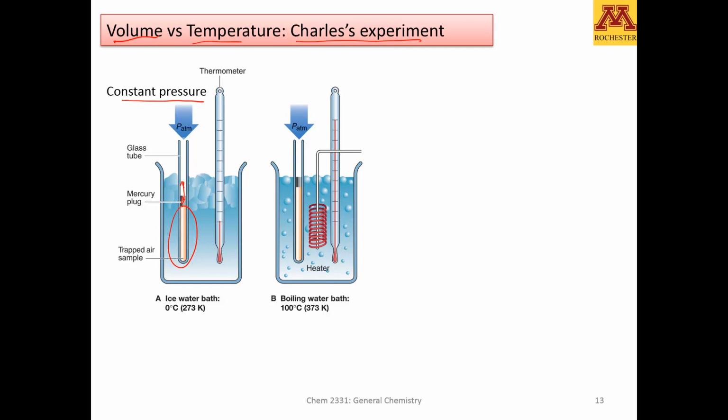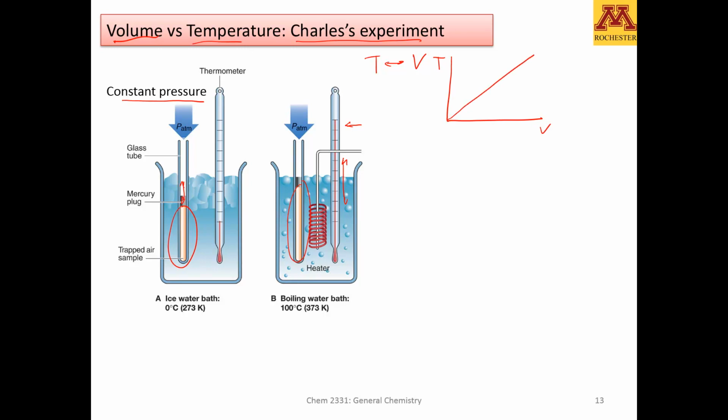So what Charles saw is that with a heater or with ice, he was able to change the temperature that he was able to record, and therefore he was also able to record the volume. So he saw a relationship between temperature and volume. And that's what he saw. He saw that temperature and volume are directly proportional.